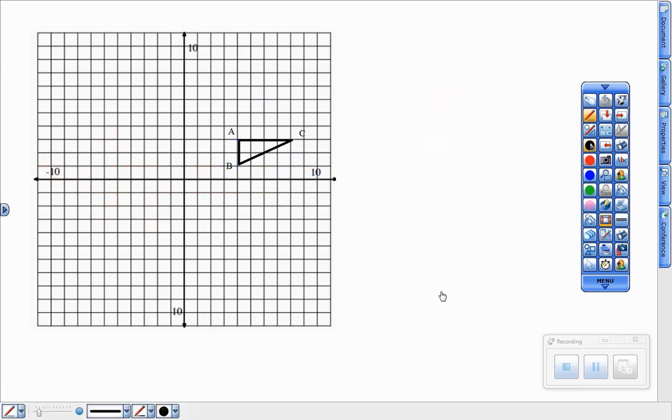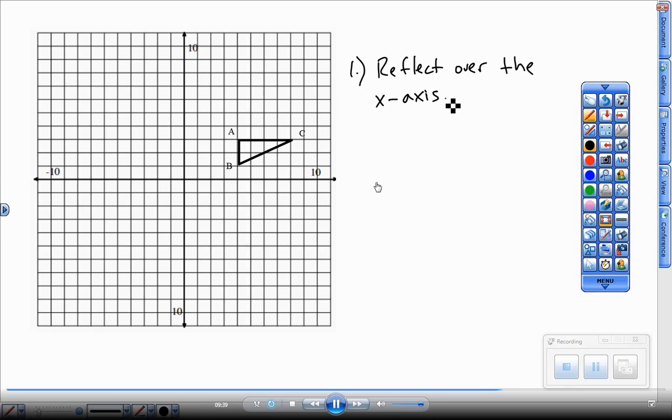A little bit more complicated. I'd like you to reflect over the x-axis, this line right here, the x-axis line. And then number 2, reflect over the y-axis, which is this line right here.